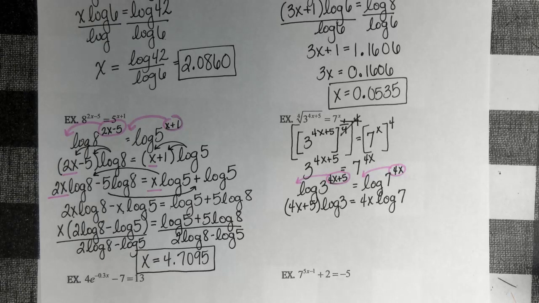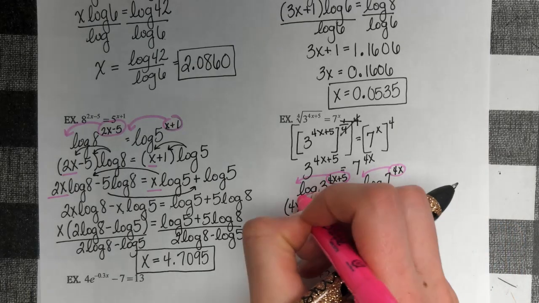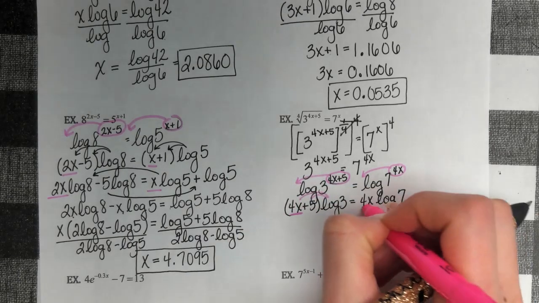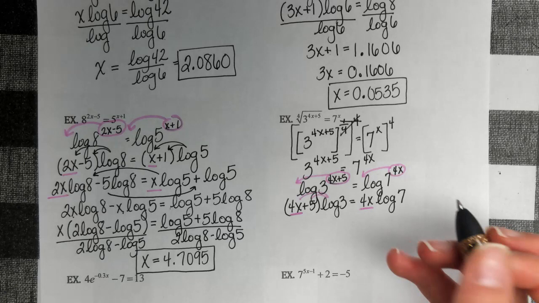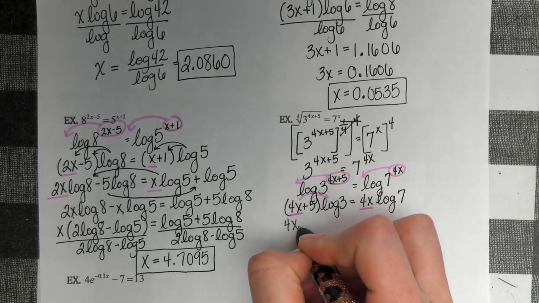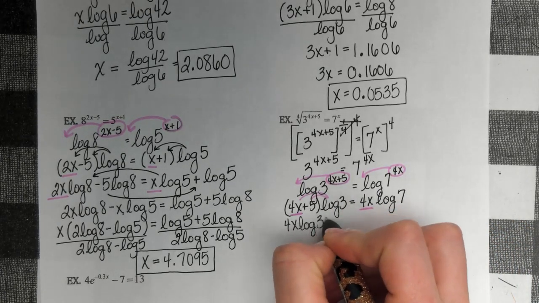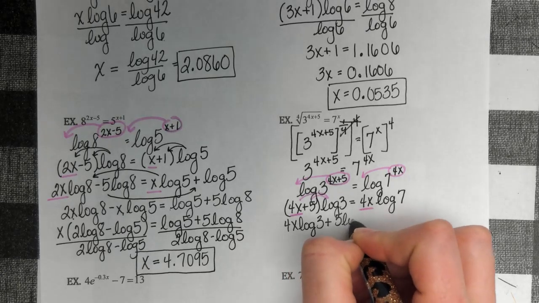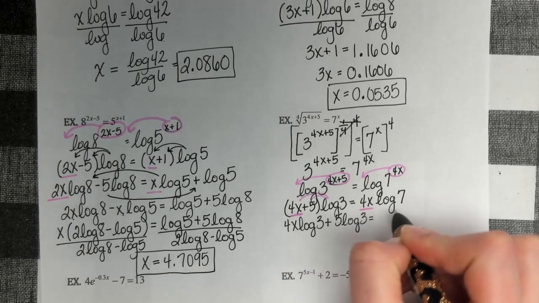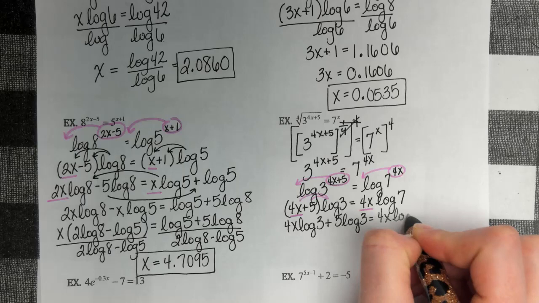What am I going to need to do next? I'm going to have to distribute because I have an x on the left and an x on the right. So 4x log of 3 plus 5 log of 3 equals 4x log of 7.